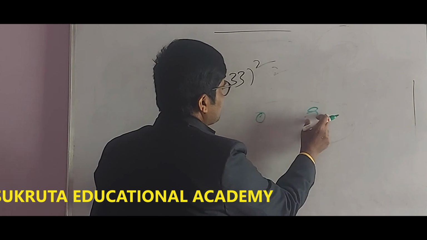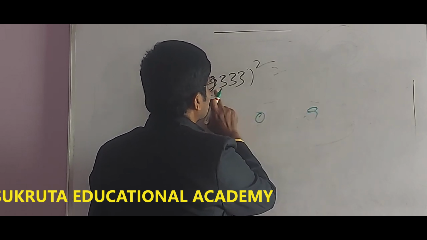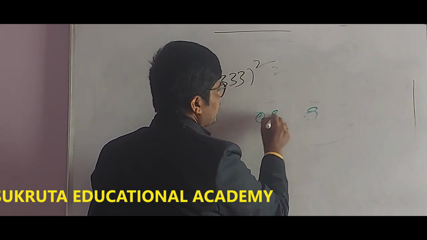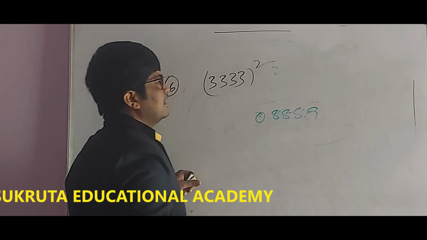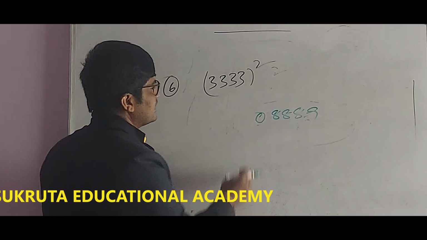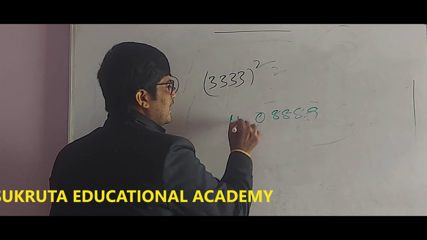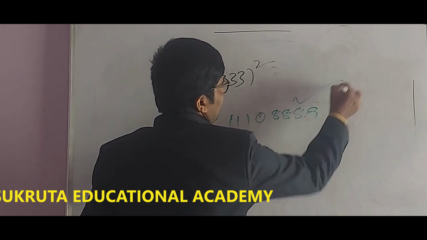The lesser than 9 is 8, so we have to take only 3 eights. The same condition applies here: this is 0, the greater than 0 is 1, so we have to take only 3 ones. So this is our answer.